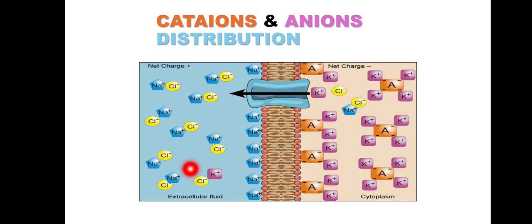The extracellular fluid compartment has both cations and anions, and the intracellular also has cations and anions. But we must recognize that there are some ions or solutes that are dominant in the individual compartments.